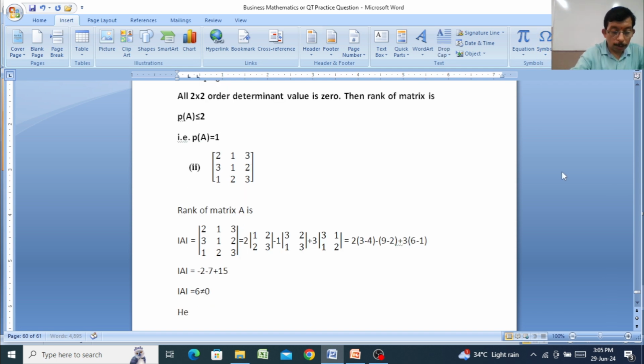Hence the rank of matrix P is equal to the order of the matrix.